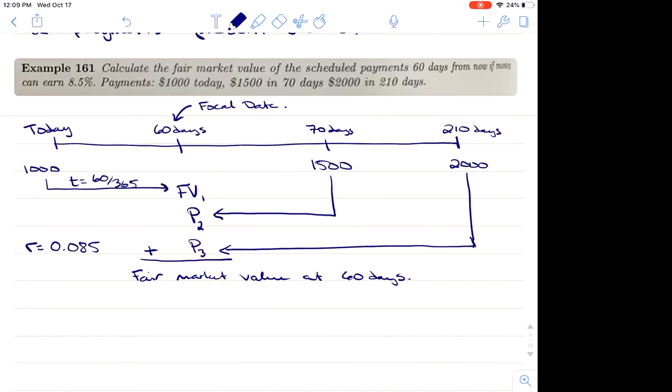Here's where we want to be careful though. The distance between 60 days and 70 days is only 10 days, so you don't want to use the 70. We don't want to use the 70 and 210 because we want to talk about from 60 days now. So that's a little sneaky. But here, T is 10 out of 365.